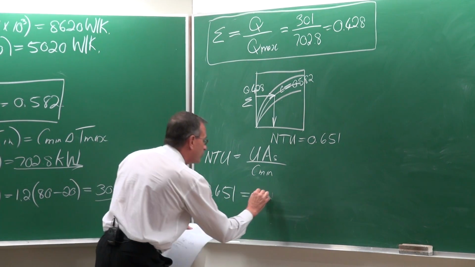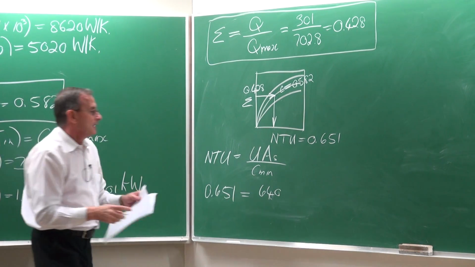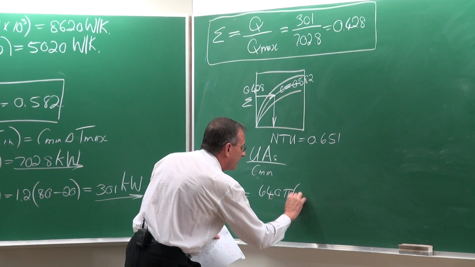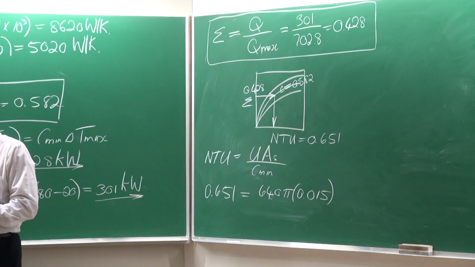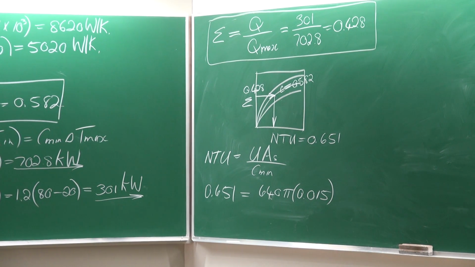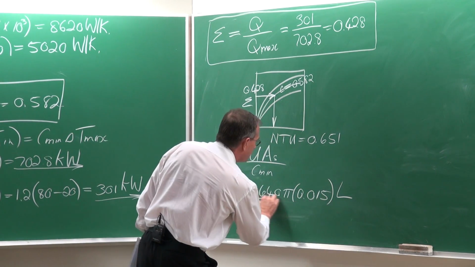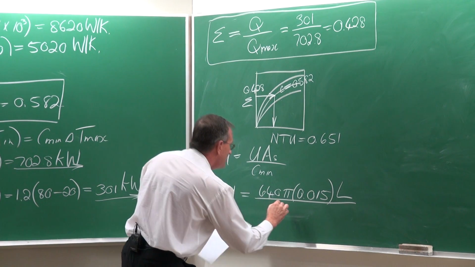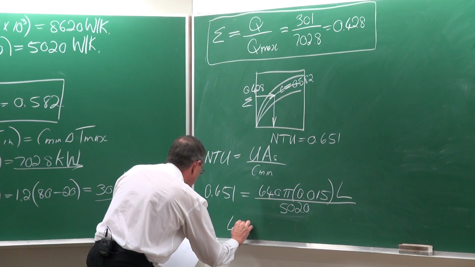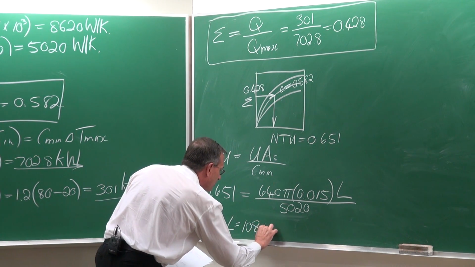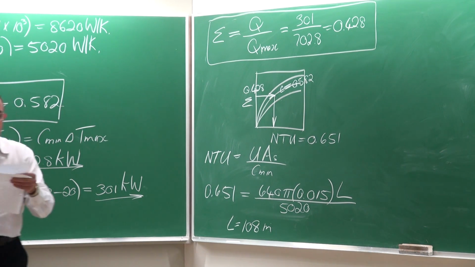It's equal to the overall heat transfer coefficient, which has been given as 640, multiplied by pi multiplied by the tube diameter, which has been given as 15 millimeters, multiplied by the length. We do not know the length, and that is what we need. Divided by C minimum, which is 5,020. From this we can calculate that the length of this counterflow tube-in-tube heat exchanger must be 108 meters.